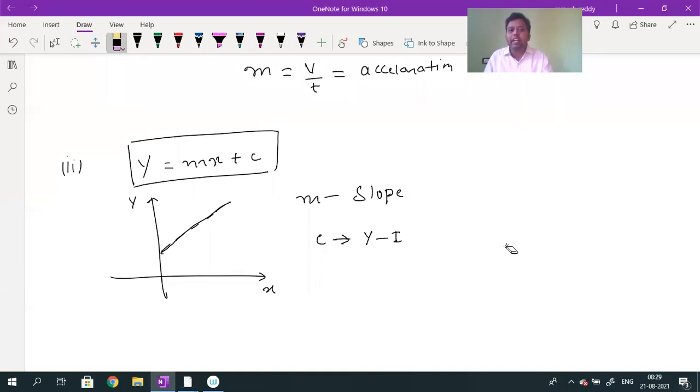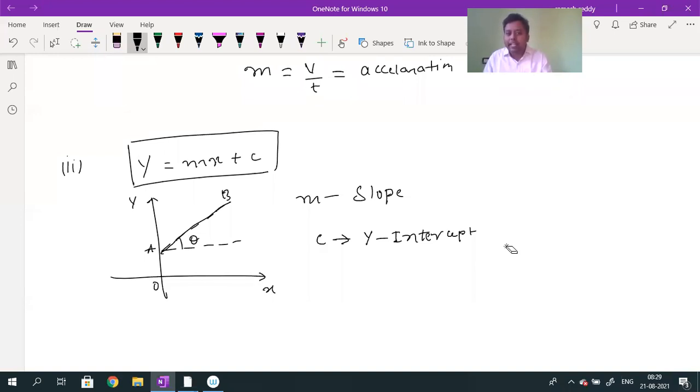You should not get too excited; you will come to know everything. The name is called the y-intercept. Y-intercept means, if I call the origin O and this straight line AB, to calculate the slope, the tan of the angle made by the straight line with the horizontal is called the slope.